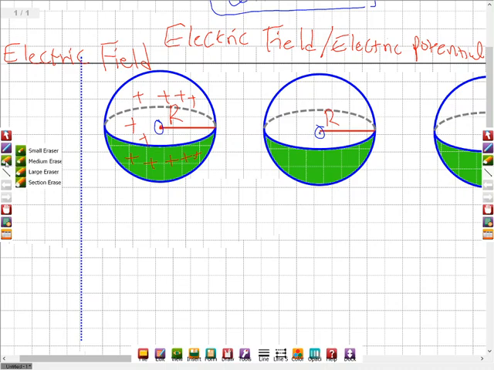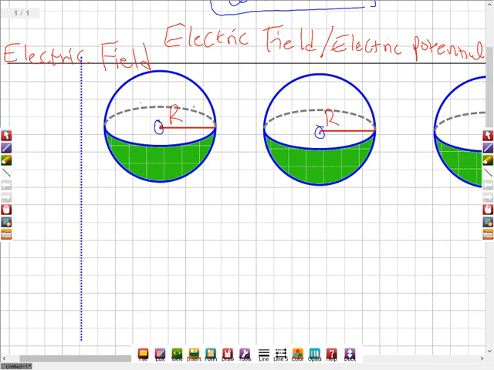But for conductors, there's nothing inside. The charge will go to the surface of the conductor, here, here, here. Then there is no charge inside the conductor. Good. This is the first thing you have to know.